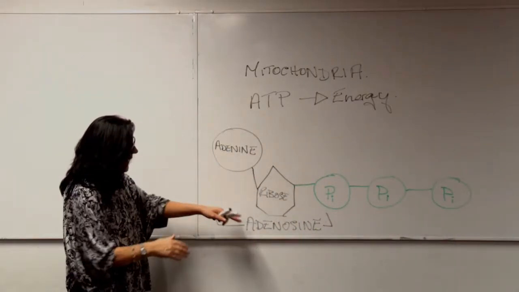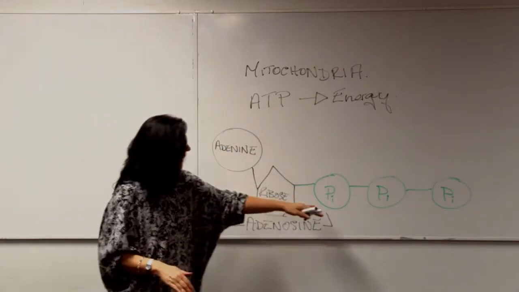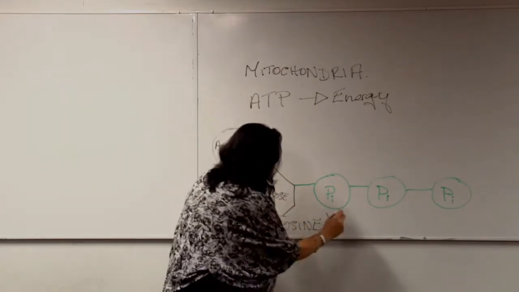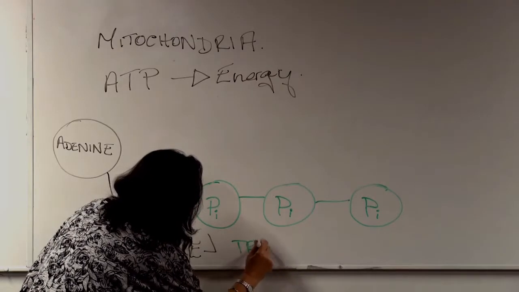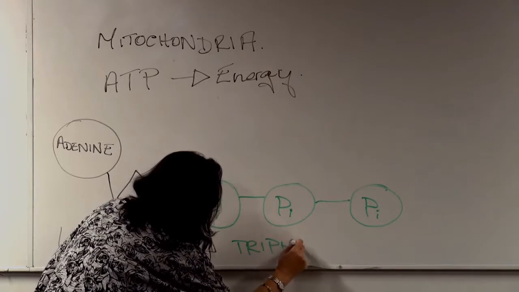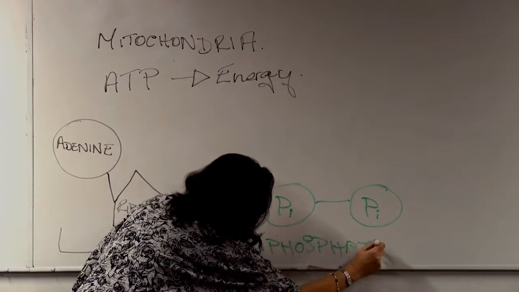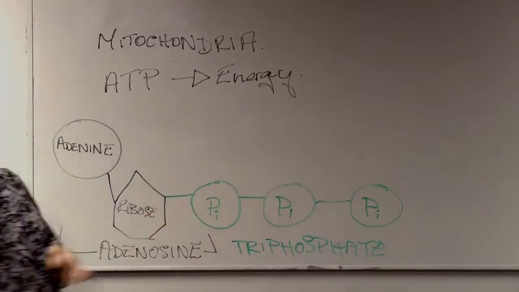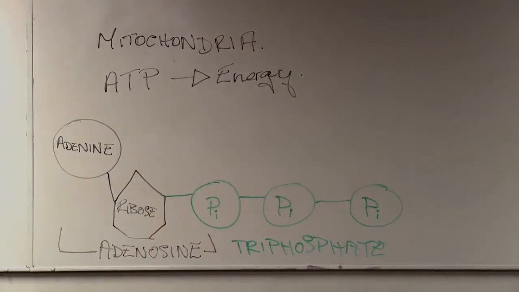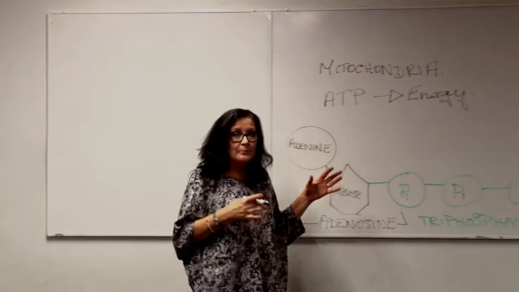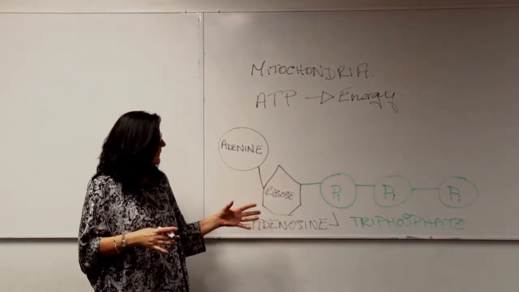Okay, so we have adenosine, and then we have the triphosphate. It's not so much the phosphates that are important. What's important here is the bonds between the phosphates.